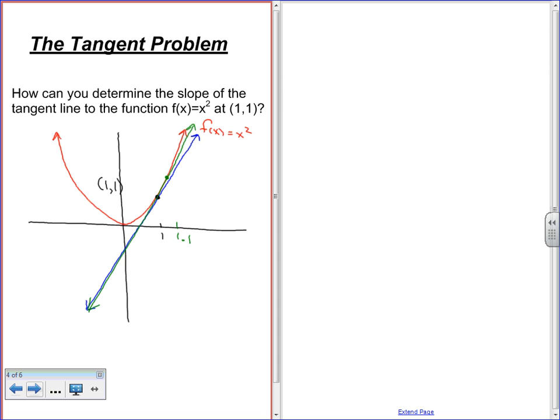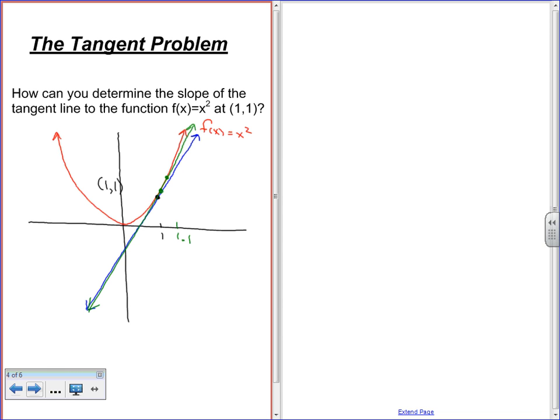It's not exactly the blue tangent line, but it's a pretty good estimation of it. But then I would want a better estimation by doing what? Yeah, you want to move the point closer. So you would say, okay, I want a better estimation. That green line doesn't look exactly like the blue line. So I'm going to pick a point even closer so that when I draw the green line, it becomes closer and closer to the blue line.